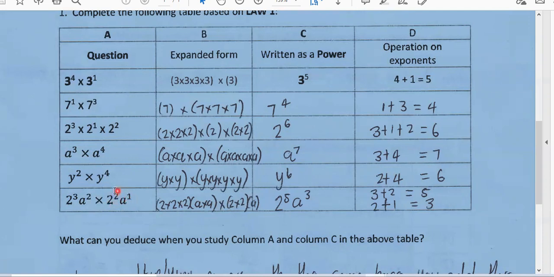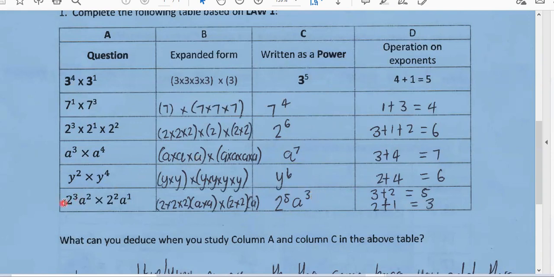Then 2 to the power of 2, I must multiply the 2 by itself two times. So it will be 2 times 2. Now a to the power of 1 is telling me the exponent is 1, so I must only write the a one time. Written as a power, we're going to have 2 to the exponent 5 and a to the exponent of 3.